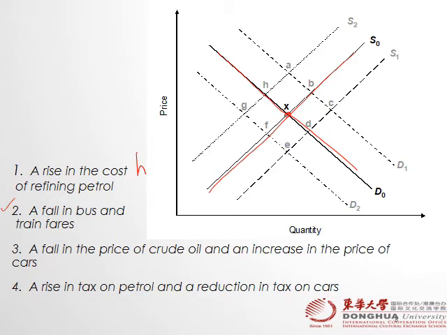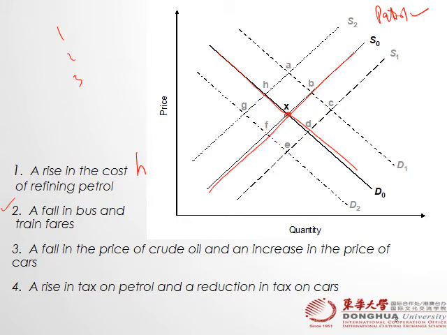When fares fall, think in terms of the market for petrol. This is the demand and supply for petrol. So bus and train fares decreased. Does it cause demand for petrol to increase or decrease?